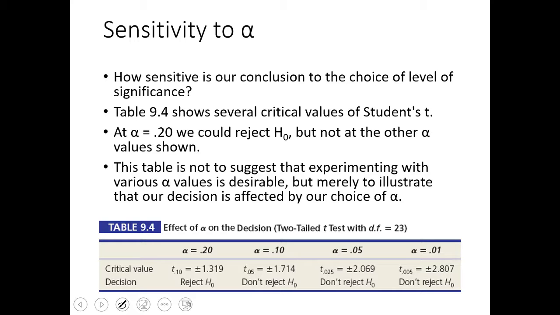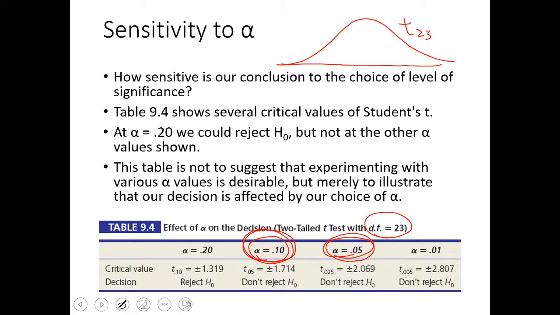So if alpha, the level of significance, is 10% and degrees of freedom is 23... now if we select a 5% level of significance, then it is the t distribution with degrees of freedom 23, and we have to have a 2.5% right tail and 2.5% left tail.